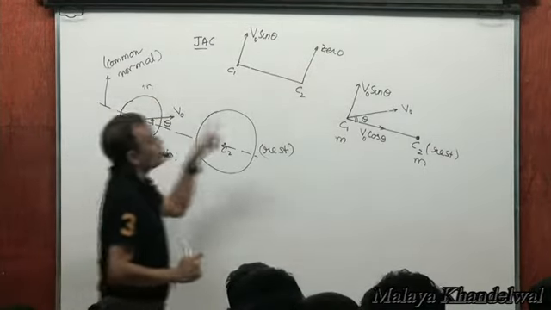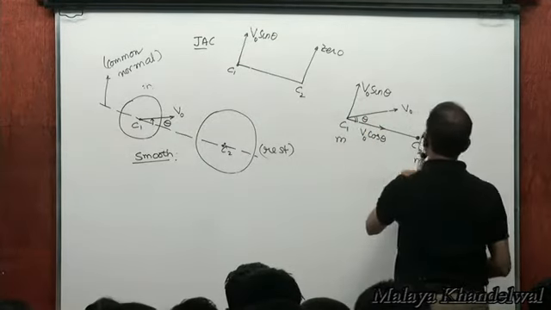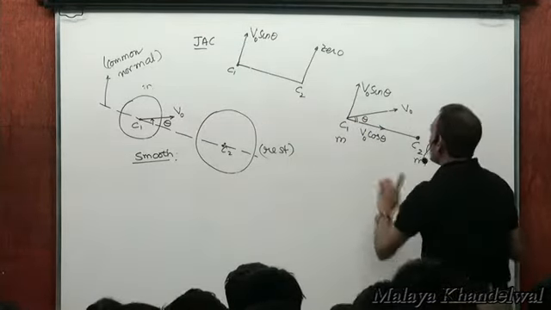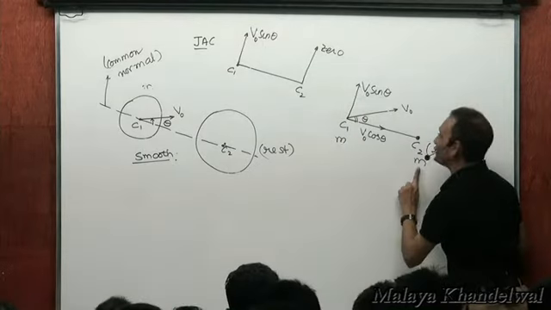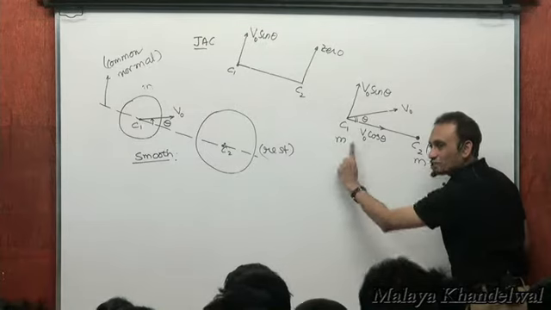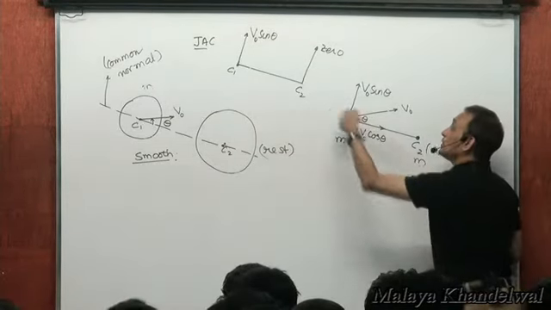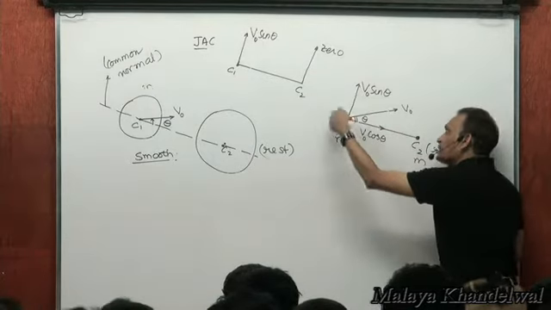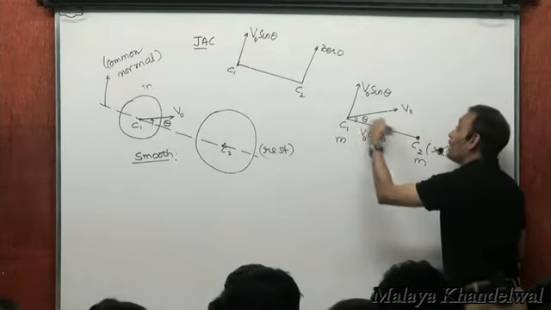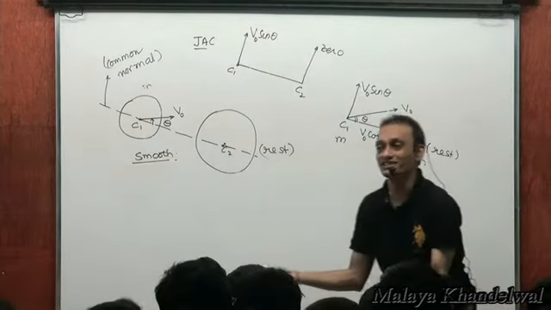Now, their velocities along the line joining their centers, V0 cos theta. These are two identical masses in a state of perfectly elastic collision, and this is the head-on component of the collision. The head-on component of the collision will get interchanged.